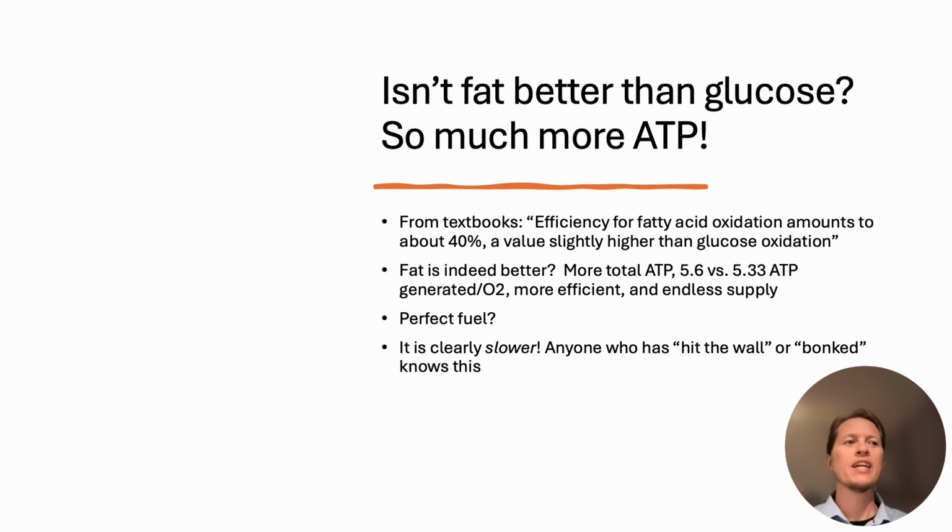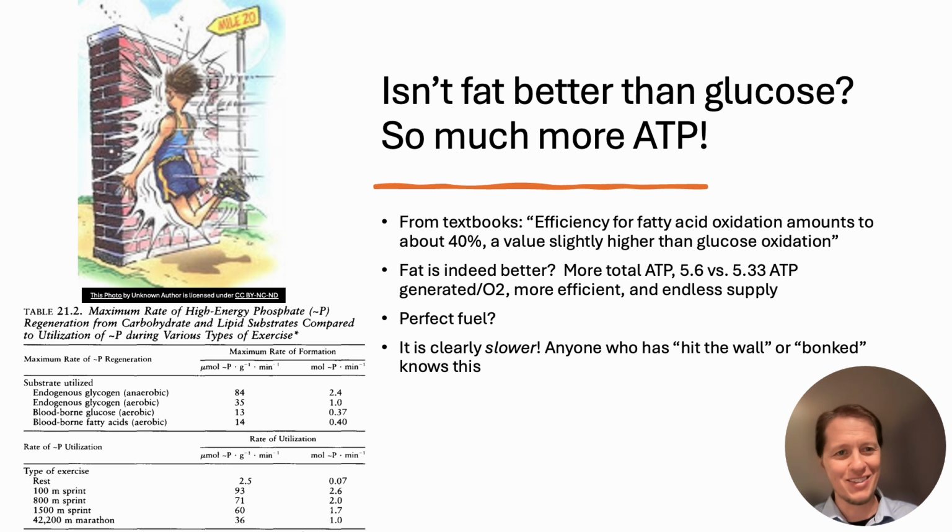No. In vivo, in life, in the real, it is clearly slower. Anyone who has bonked in cycling or hit the wall in running, which very interestingly really does happen right around mile 20, we all know this. And this is from the first lecture right here, that wonderful study that looked at the maximum rate of phosphate bond regeneration here, and then the actual rate of ATP utilization breaking those bonds here.